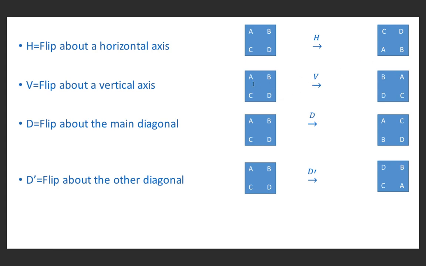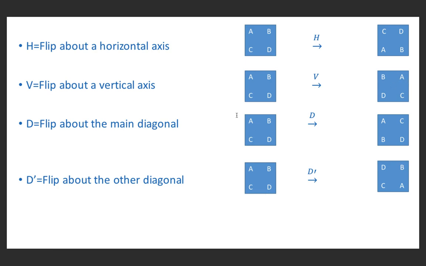And if we flip around the vertical axis, then AC and BD will be interchanged. So B will come here, corner D will be here, corner C will be here, and corner A will be here.